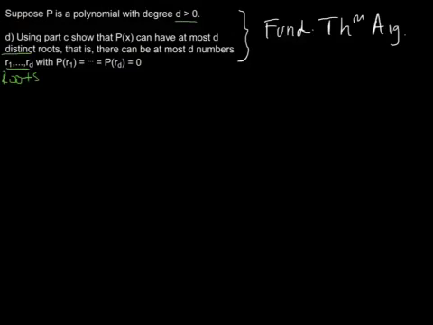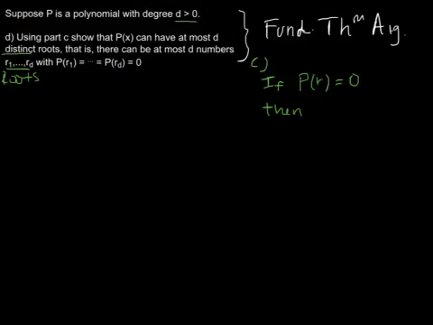And we're going to use part C. So let's just carefully recap what part C said. Part C was very simple. It says if you are given a root, meaning if p of some number r is equal to 0, then what's the case?